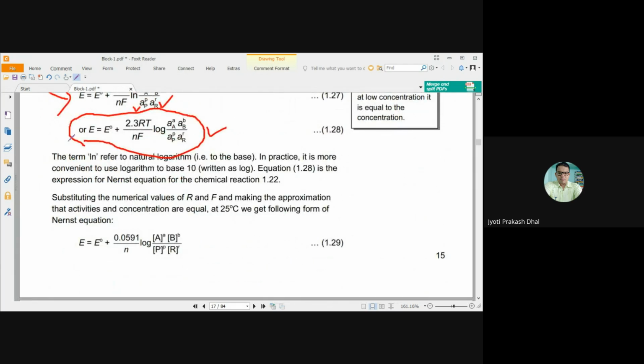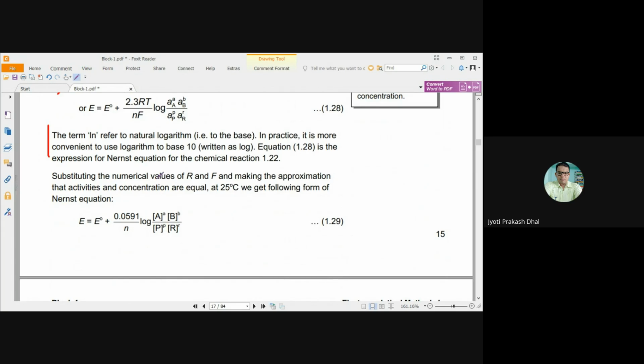Now substituting the numerical values of universal gas constant R and F, that means 96,500 coulombs, and making the approximation that activities and concentrations are equal, at room temperature, that means at 25 degrees Celsius, the equation can be written as E equals E° plus 0.0591 by n log base 10 concentration of A to the power a into concentration of B to the power b divided by concentration of P to the power p into concentration of R to the power r.